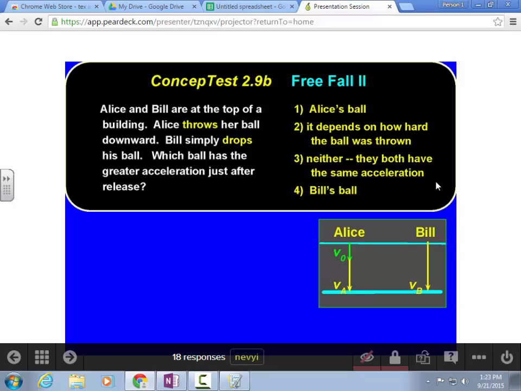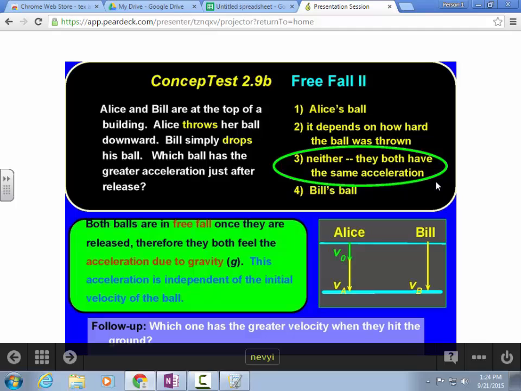Although the ball that Alice throws starts off with a greater velocity, it's accelerating at the same rate as Bill's ball. Meaning that the rate with which velocity changes is the same. Turns out the reason is because both of them are acted on by the same force, which generates the same acceleration, namely that of gravity.